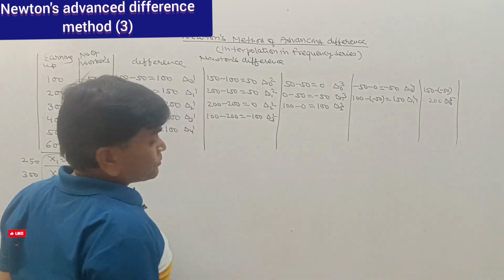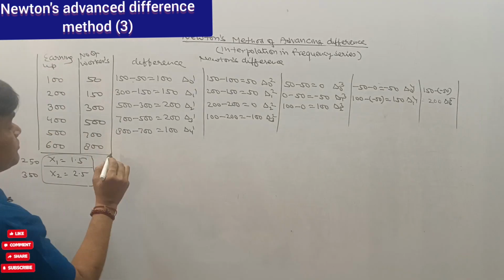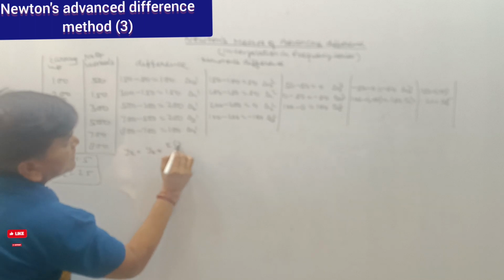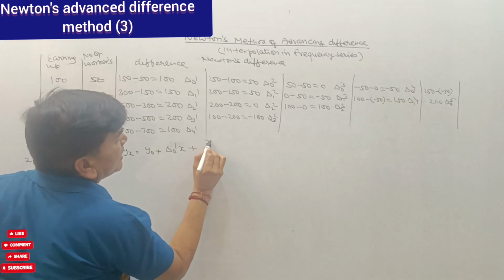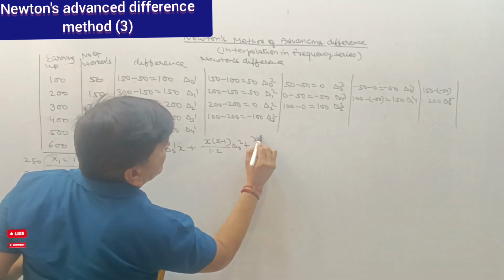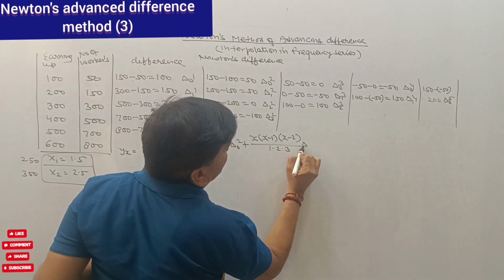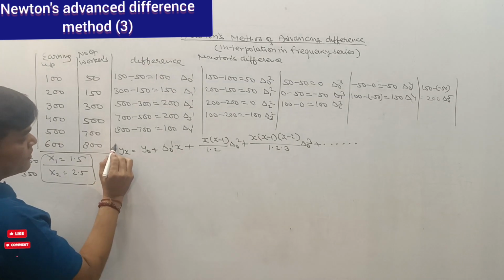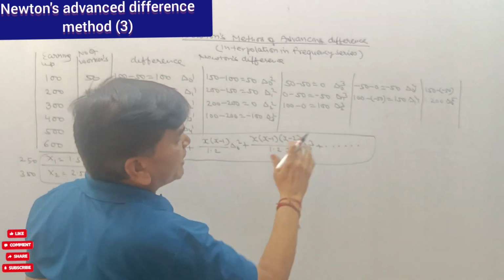Now putting in the formula: yx is equal to y0 plus x delta 01, plus x(x minus 1)/(1 multiply 2) delta 02, plus x(x minus 1)(x minus 2)/(1 multiply 2 multiply 3) delta 03, and this formula goes on as required. So this is the formula. We will expand the formula as required.